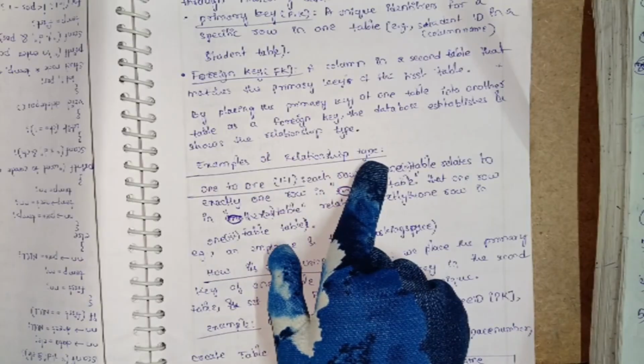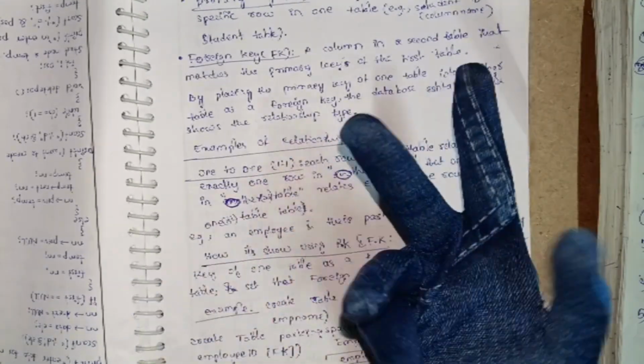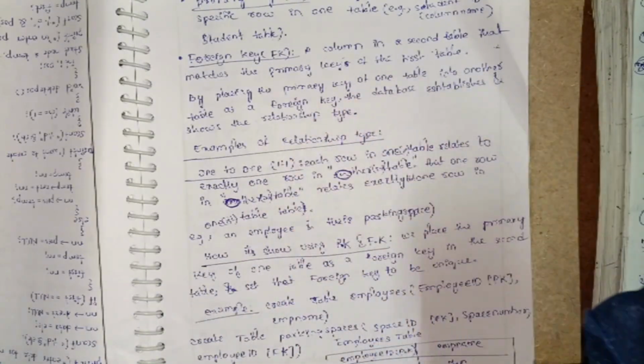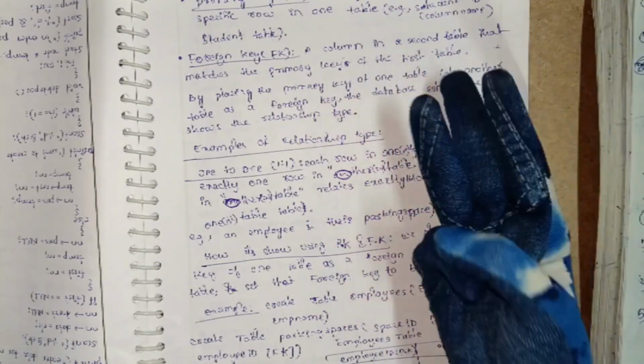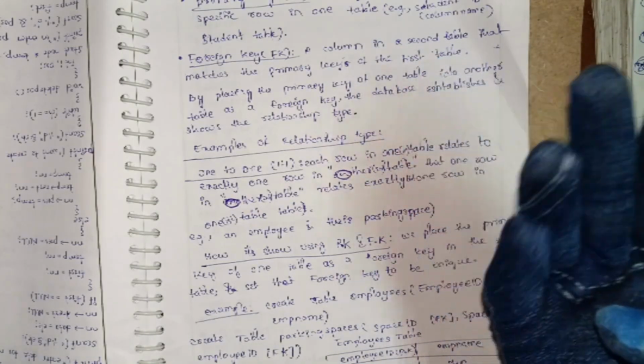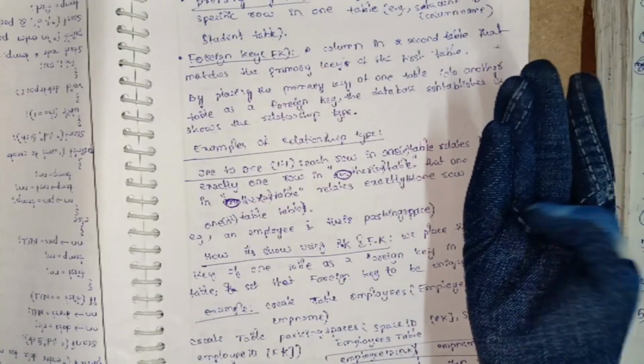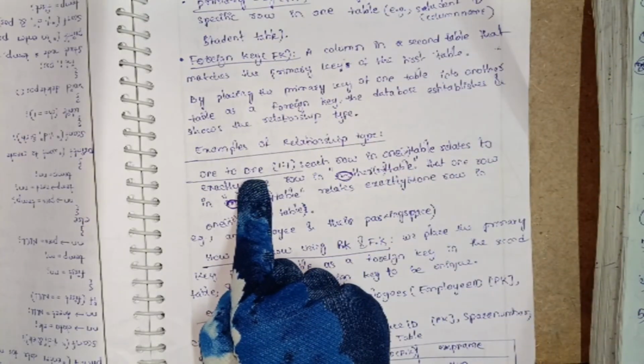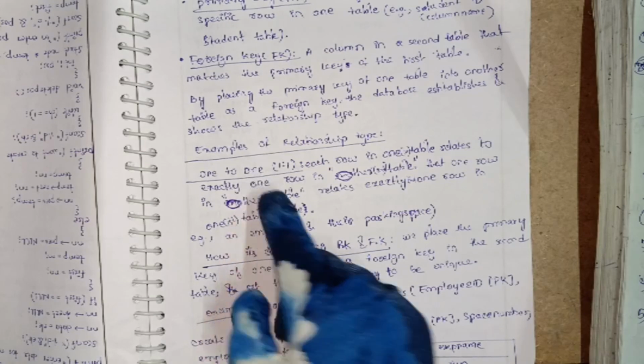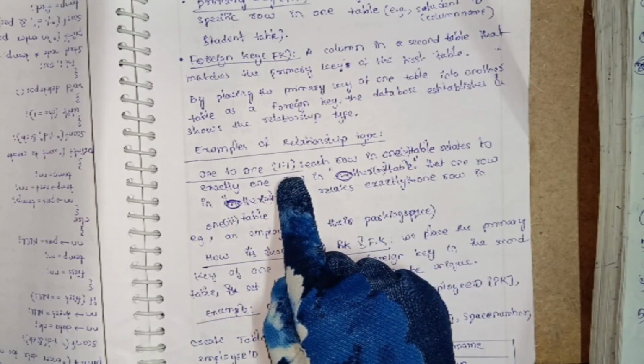Examples of relationship types. We have four types of relationship types: one to one, one to many, many to one, and many to many. The one to one relationship type we have seen in the ER model also.